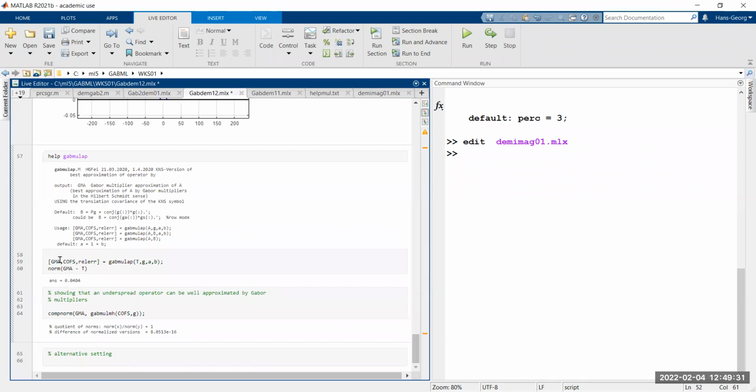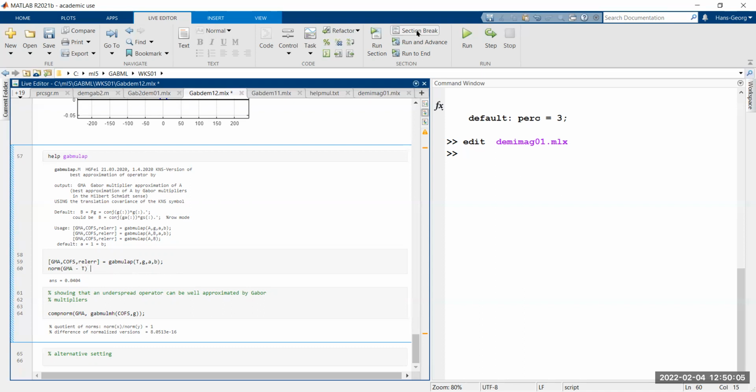But of course, if I want to study it, I would like to know the coefficients. And so what I was just preparing: I can ask, is the operator exactly or very well approximated? In the operator norm, what I find is that it's approximated up to order 4%. I don't know if the operator itself is normalized, probably not.